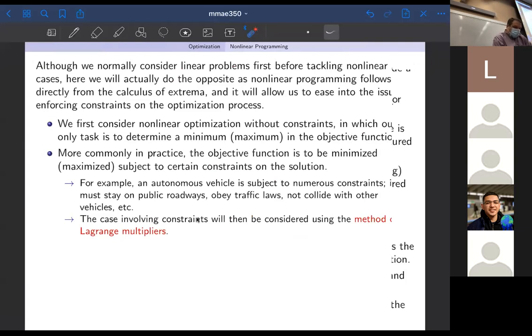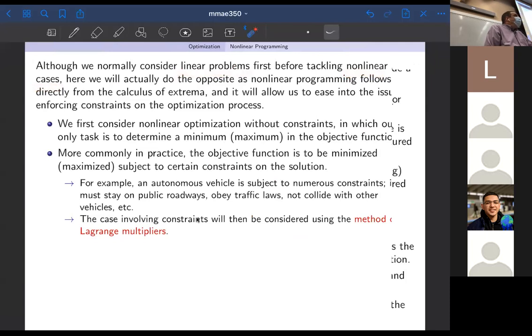All right, so I've said this before, but rather than considering the linear problems first, which are normally the easiest, I'm actually going to start with nonlinear problems because I don't have to worry about constraints. I can look at nonlinear problems without constraints first, then nonlinear problems with constraints, and then linear problems with constraints.